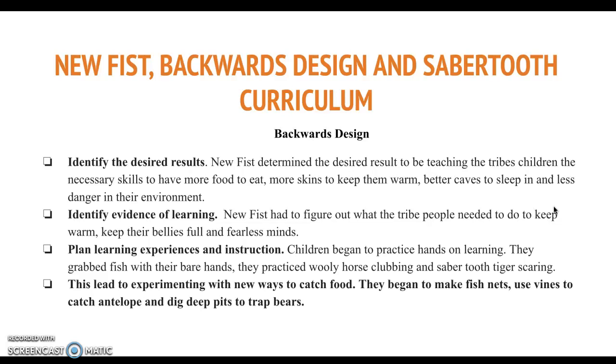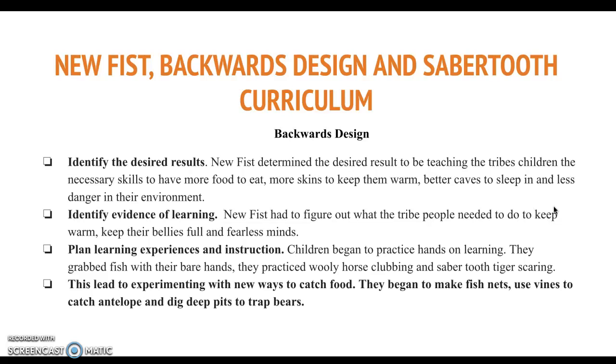In the book, we read about a tribe, and there is a main character who is referred to as Newfist. What he needed to do was figure out what result he wanted for the children of the tribe in order to keep that tribe going.